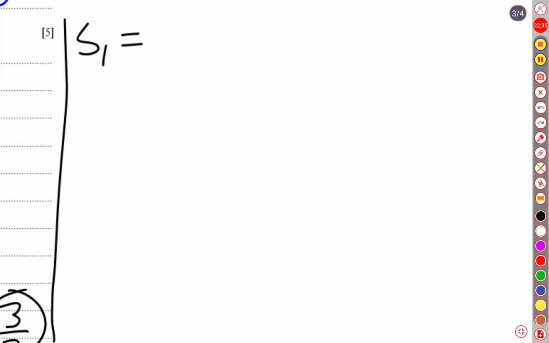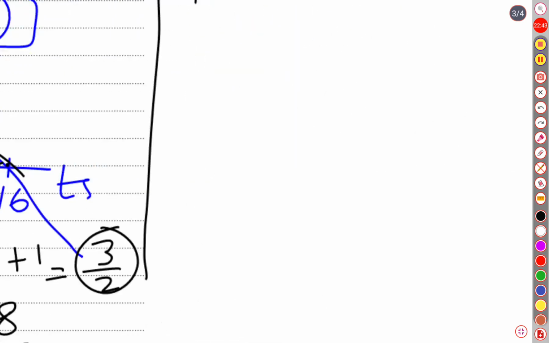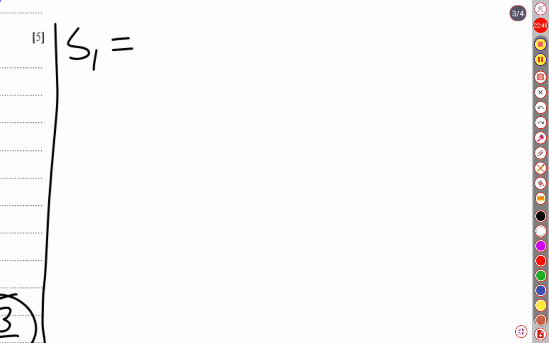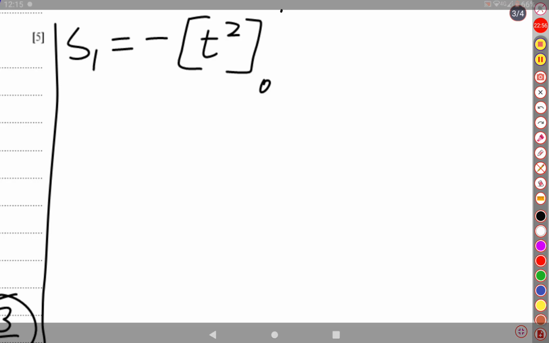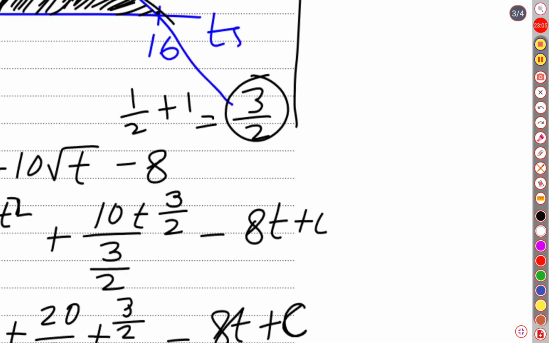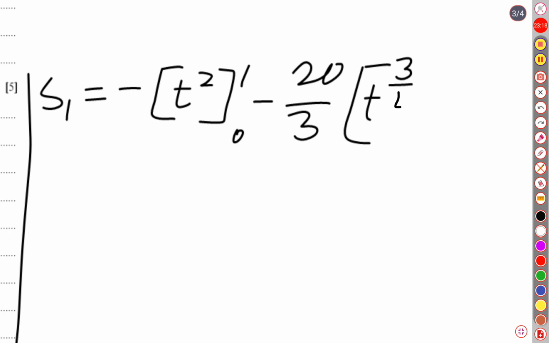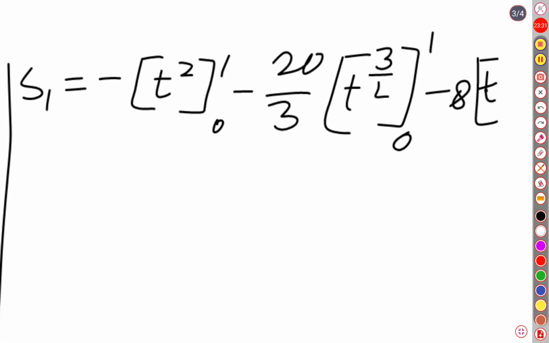s1 is equal to, what was our integrand? Negative t squared, with our limit from 0 to 1, then plus 20 over 3 t raised to 3 over 2, with limit 0 to 1, and minus 8t, with limit 0 to 1.